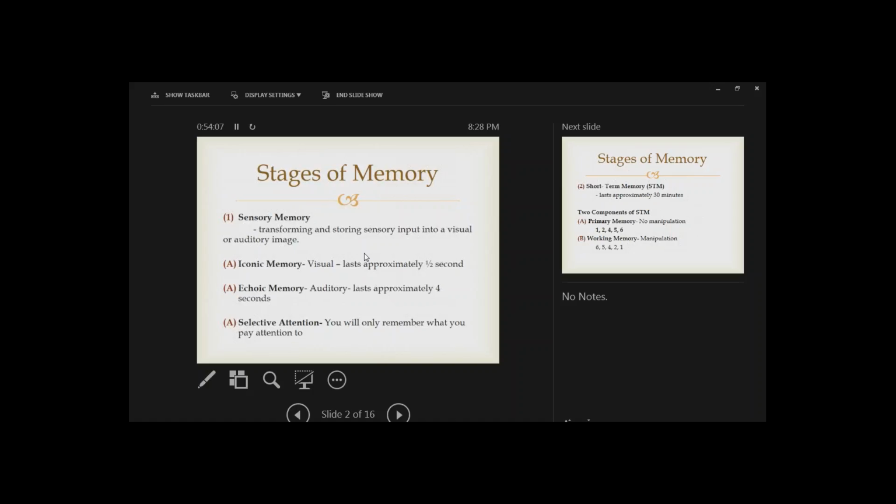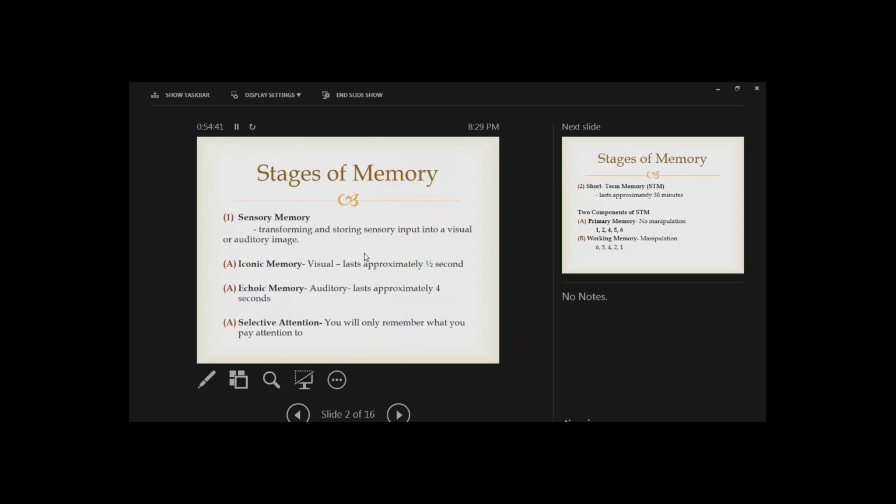So if you see iTunes on your desktop, that visual icon is going to tell you that within that iTunes picture is music. Whereas echoic, I want you to think of echo. You hear echoes. So echo is going to be auditory.